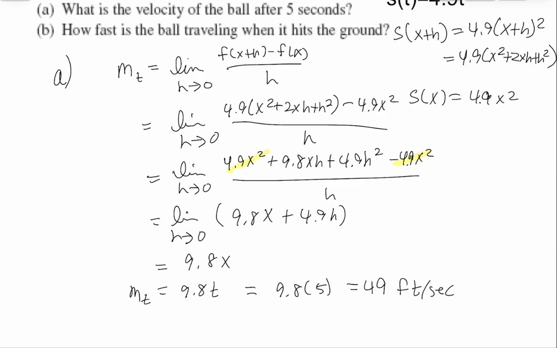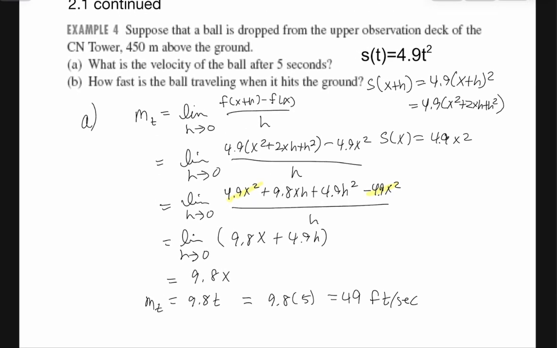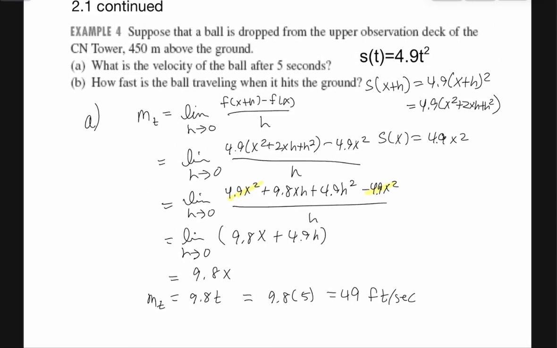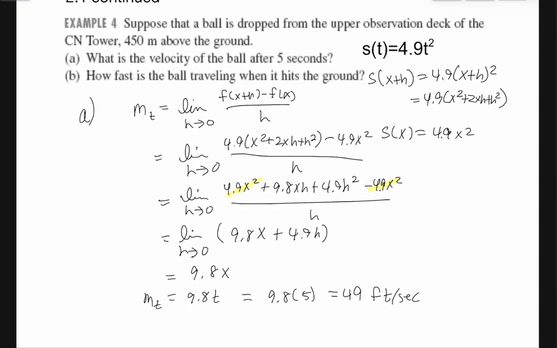So at the exact time of 5 seconds, it is traveling off of the tower. If we dropped it from the tower, it would be going 49 feet per second at that exact instant, okay? Oh, I'm sorry, meters per second.